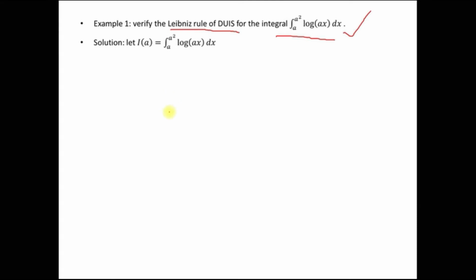Then we check whether these two results are the same. If they are the same, then the Leibniz rule is automatically verified.